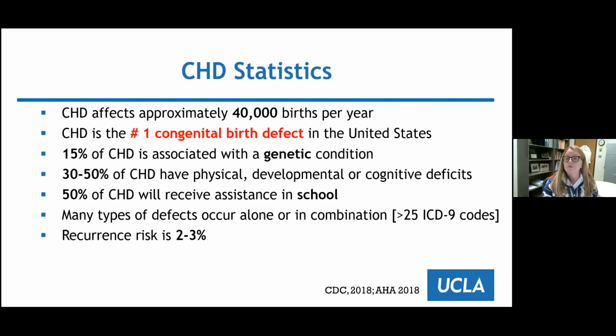And these are important things to know, especially when you're seeing and treating a child that has congenital heart disease, that they may be delayed or behind in their speech, their motor, their developmental milestones. 50% of congenital heart disease will receive some sort of assistance in school, such as an individualized education plan or IEP.